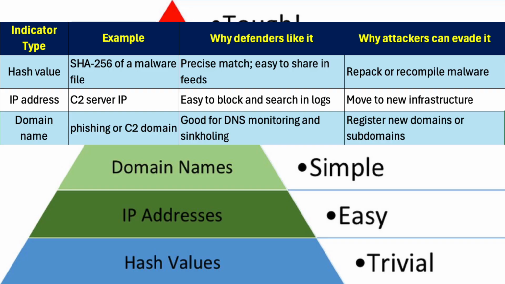So in practice, we still use these indicators, but we use them as pivot points. They help us scope an incident, enrich a case, and buy time. They should trigger the next question. What artifacts or behaviors sit behind this indicator, and can we detect those too? That is the move from reactive blocking to stronger detection engineering.